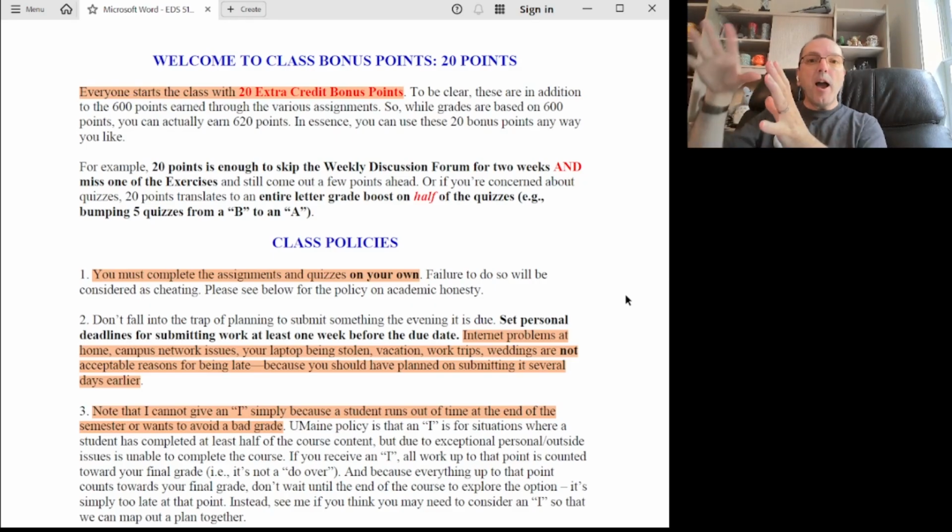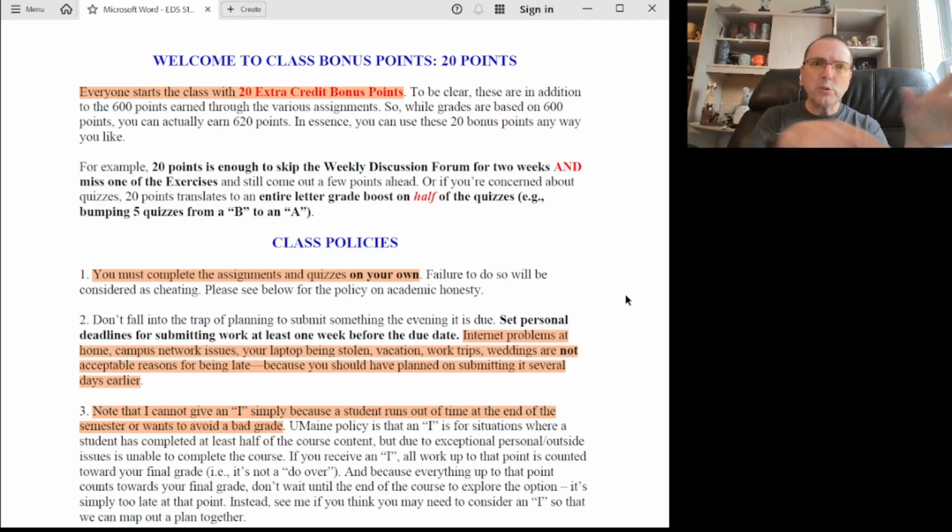Okay, I want to think of those points Craig gave me and I'm going to apply them. You don't actually say anything. It's just added in. You don't have to tell me, oh, I want to use my points for quizzes. No, no, no. They're just thrown in however you use them. But some students like to conceptualize it that way in their head to remove the stress of the quizzes.